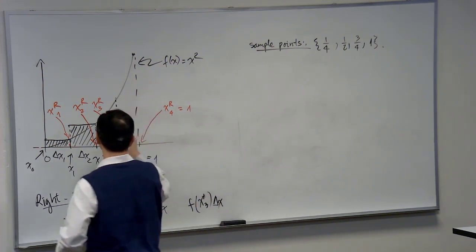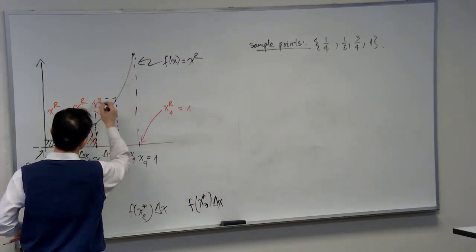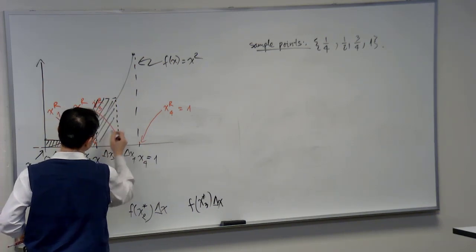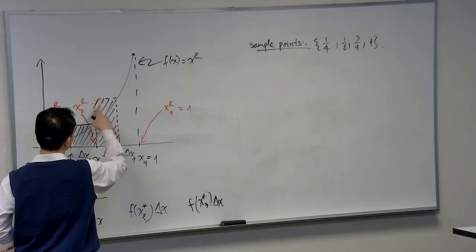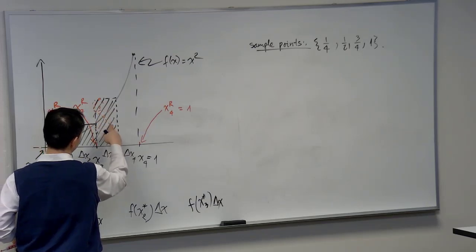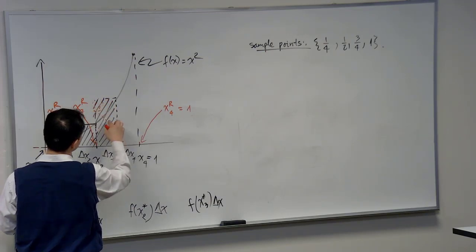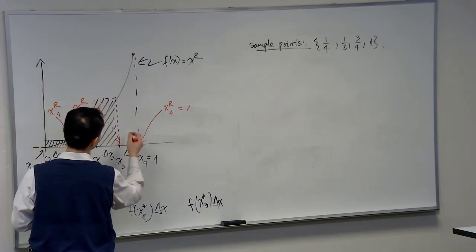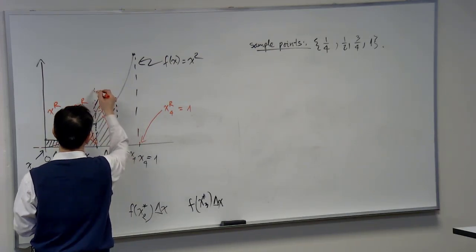Multiplying with delta x, we have the little area that we're looking at. My picture is already getting busy, blended with all of the drawings that I made earlier. That's how x star 3 goes.